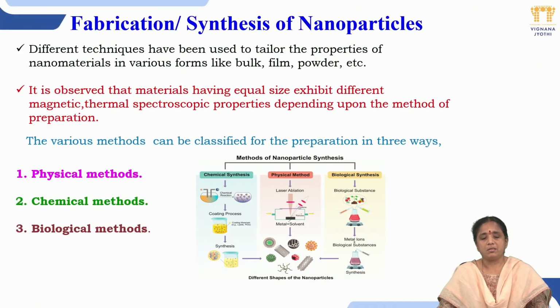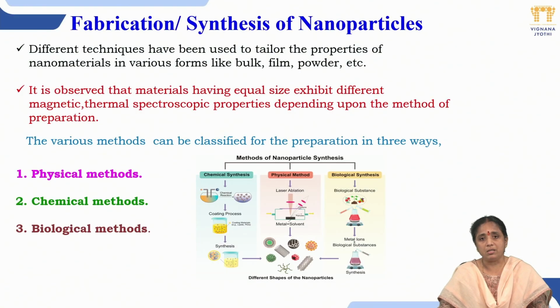So coming to the synthesis of nanoparticles, there are different techniques used to tailor the properties of nanomaterials, to decrease the size of any kind of particle from bulk level to the nanoscale. It can be scaled down in the form of films, powders, and even liquids. Different sizes of particles will exhibit different kinds of properties.